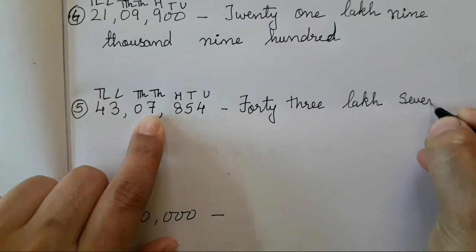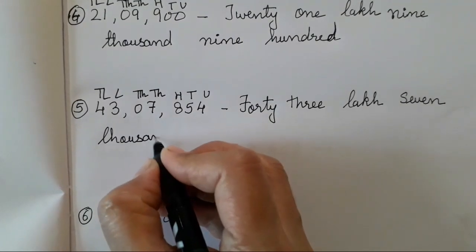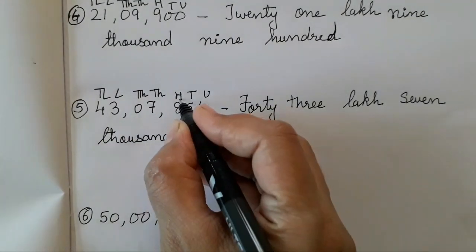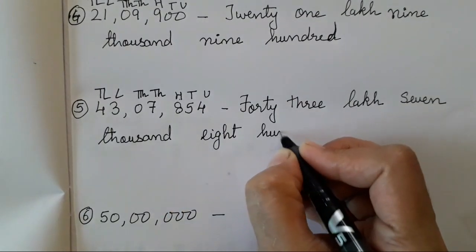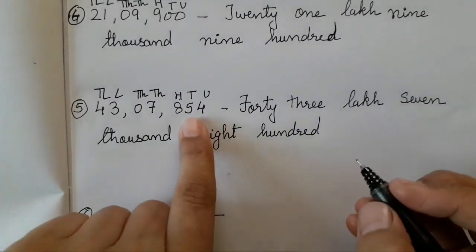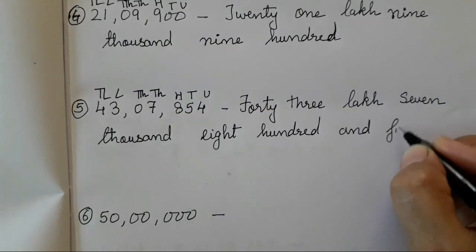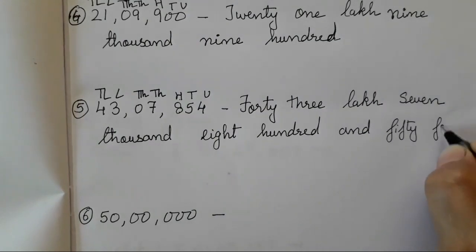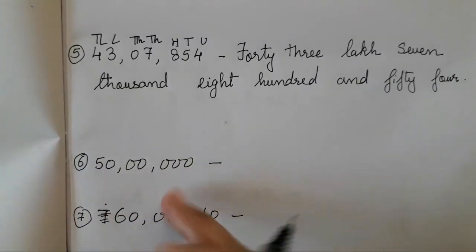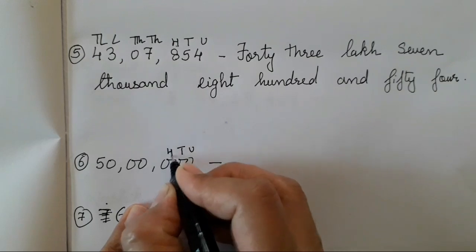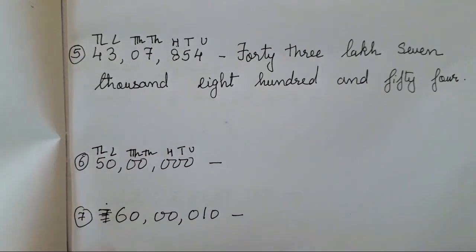So 7,000, 800, 54. Isn't it easy? Now, over here there are no numbers, but still we will write it so that you will understand what we have to actually take.